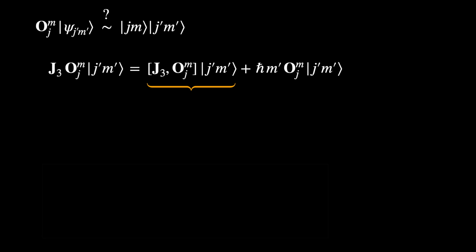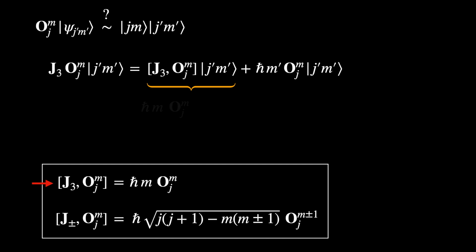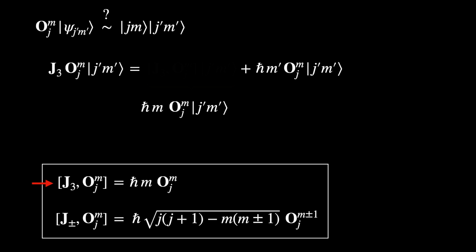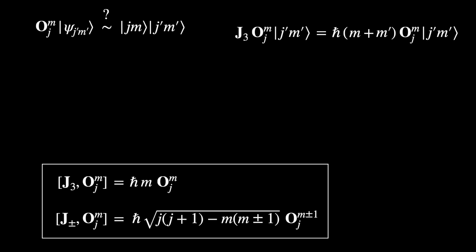For this term, we can use the commutation relations satisfied by OJM. This is exactly how Jz will act on the product of angular momentum states. Now let's see the action of J plus minus.